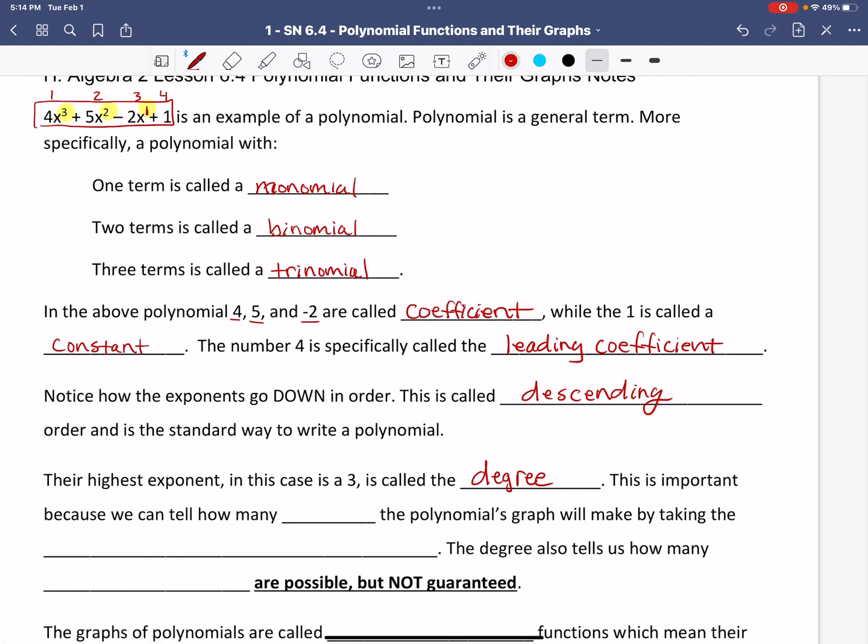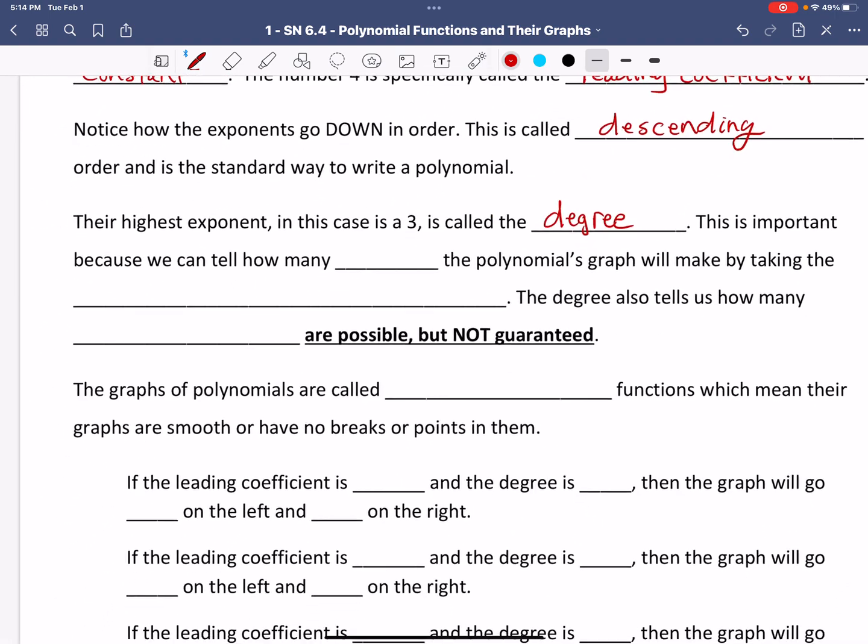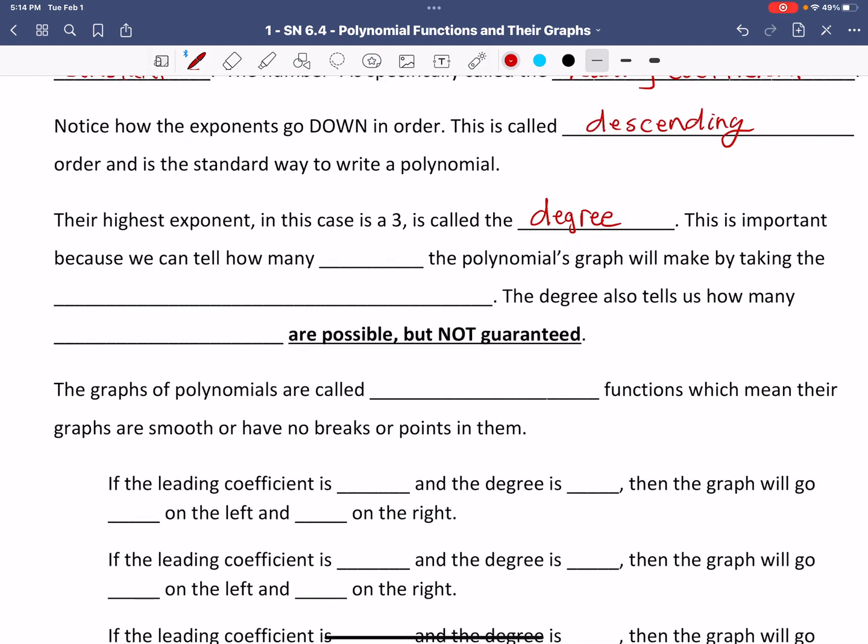The degree is important because it can be used for 2 different things. First, it tells us how many turns, also known as curves, the polynomial's graph will make. You take the degree and subtract 1, and that is the number of turns a graph will have.